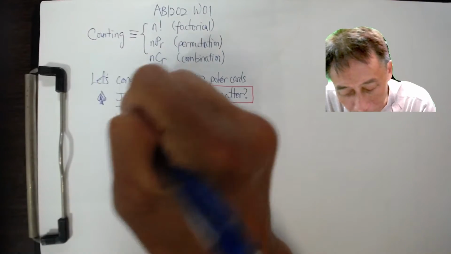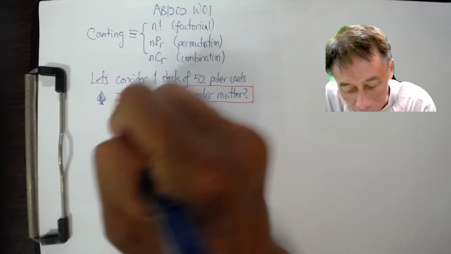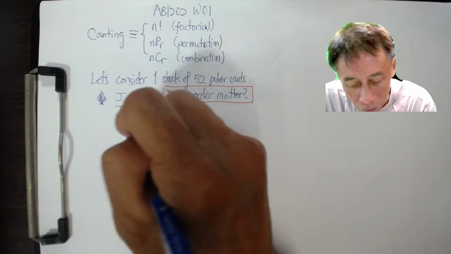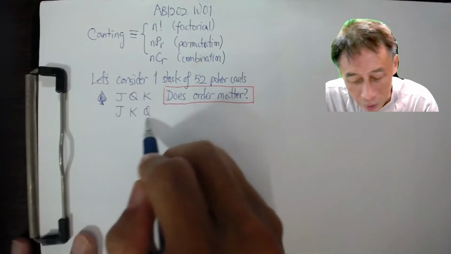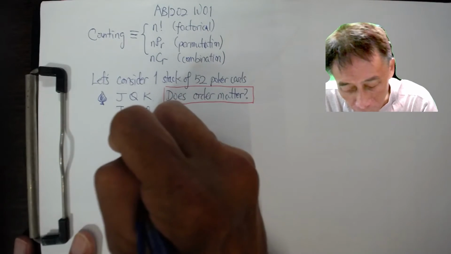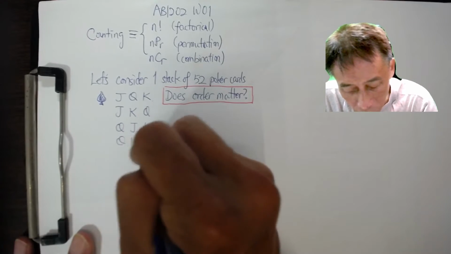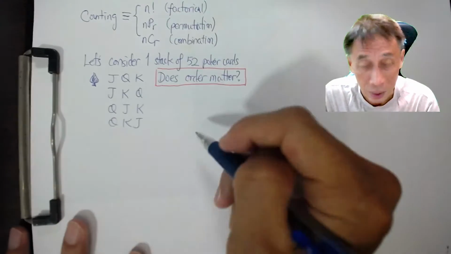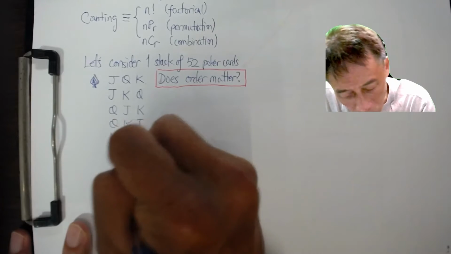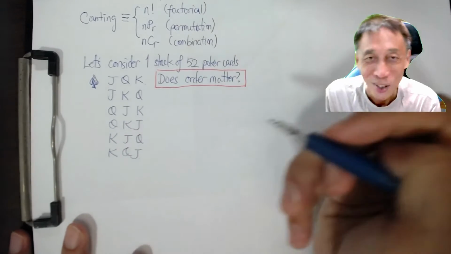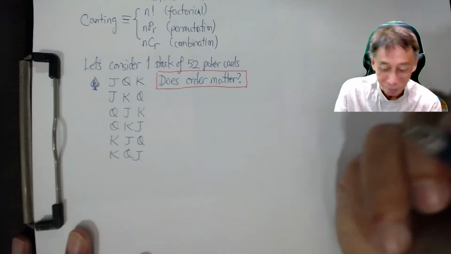So if order matters, then it will be like this, and then we exhausted every permutation order starting with J. Then we have Queen, let's say. Then we have J, K, then Queen, K, J. Yeah, you can easily follow, right? And it's okay, we can list them all out because I have already calculated it's going to be 6.